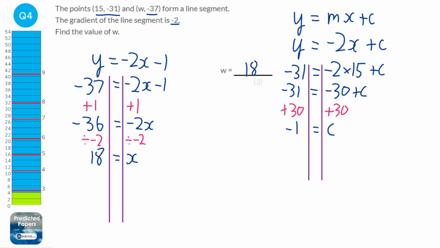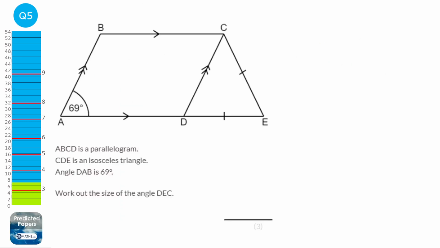So w is 18. So we're looking for angle DEC, which is this one here, but we can't go directly there. We've got to work our way towards it. And the first thing I'm going to look at is this set of parallel lines here. And we've got a line going through these parallel lines, which is this line here.